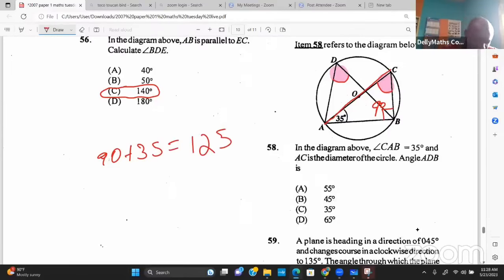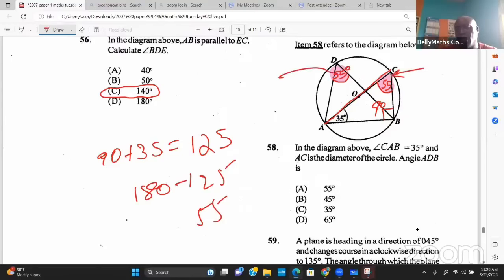And then if I take 180 minus the 125, I'll get 55. And angles in the same segment will be equal. So if I find this angle, I automatically find that. So the answer is 55 degrees.